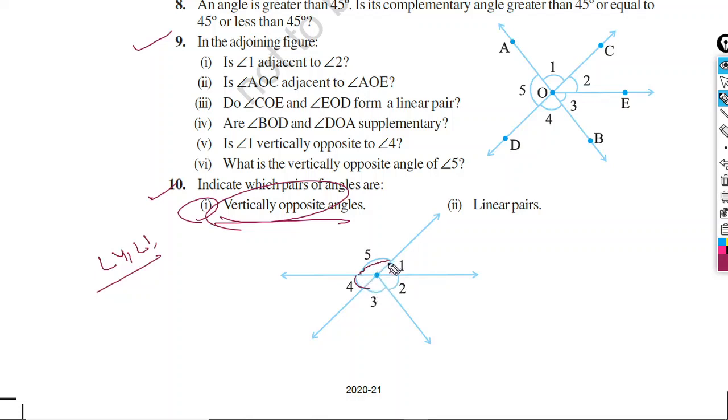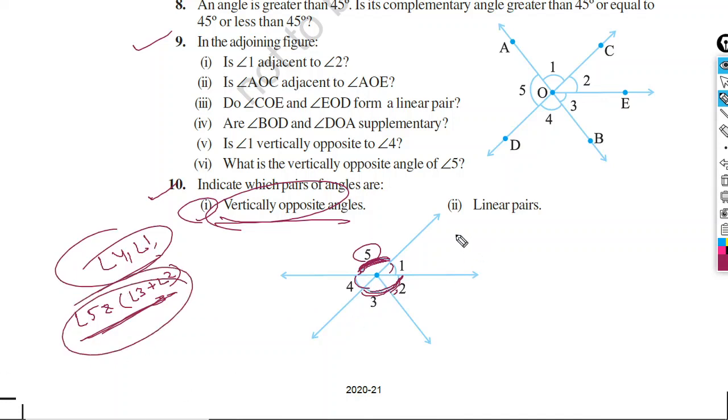Angle 5 and the sum of angle 3 and angle 2, isn't it? This is also vertically opposite, because the vertically opposite of angle 5 is the sum of angle 3 and angle 2. Any other vertically opposite angle? No, only these two pairs.